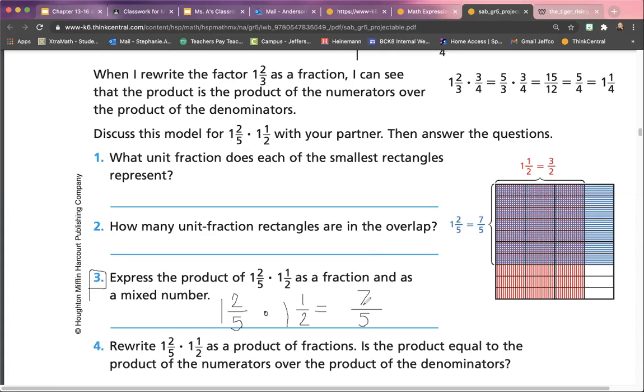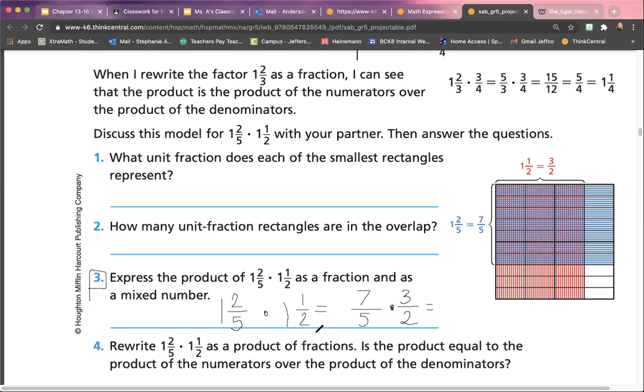What did you say about the denominator? It stays the same. Thank you. Okay. And then for the 1 1/2, it's 3/2 because 1 plus 2 equals 3, and the denominator stays the same, and you just have to take out the 1.